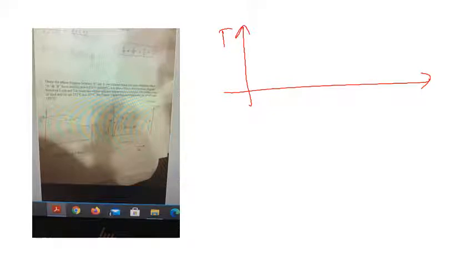Here we notice that this was our alpha region, and there was a point, and this was the beta region, and they both were connected by a line.